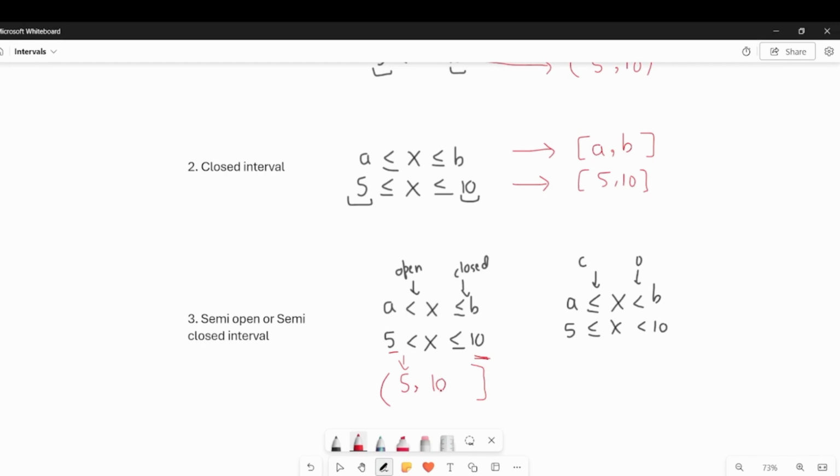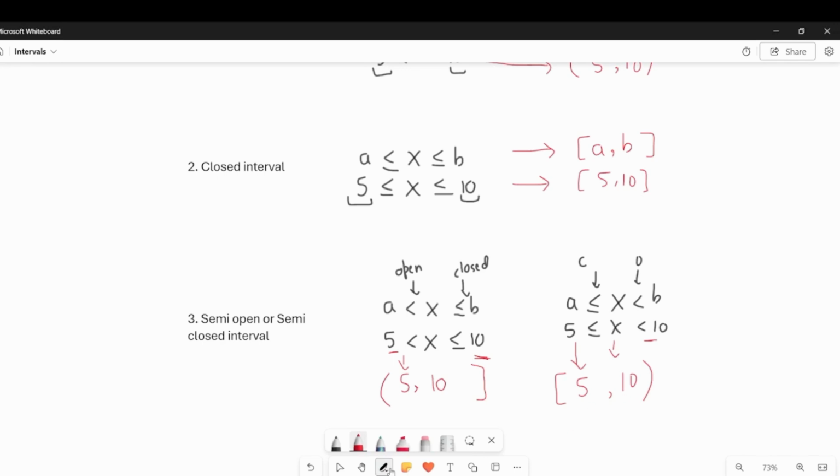This is how we represent it in interval notation. Similarly, here you can see this end is closed, so I'll put a square bracket here. I'll put 5, 10, and the other end is open, so I'll put a parenthesis here. This is the way that we represent the intervals in interval notation.